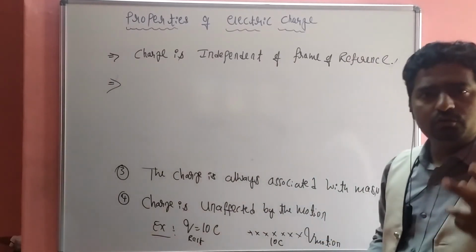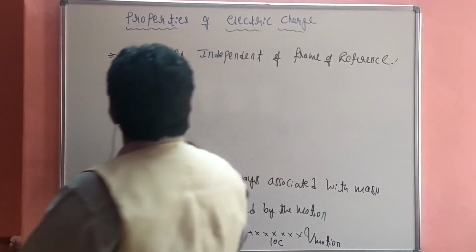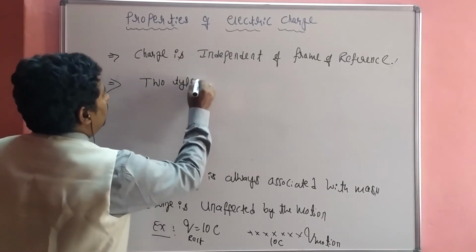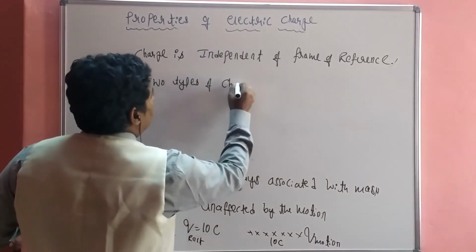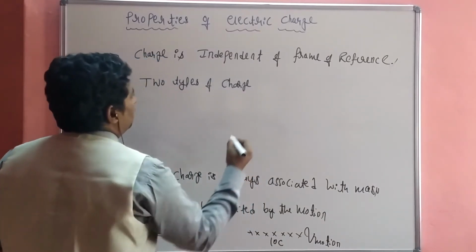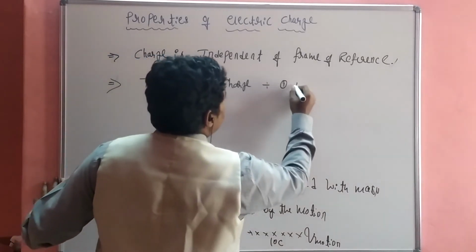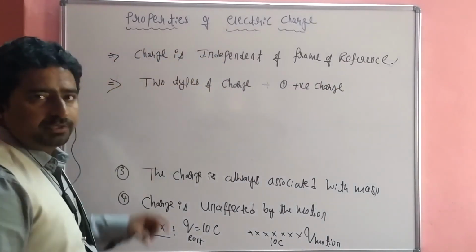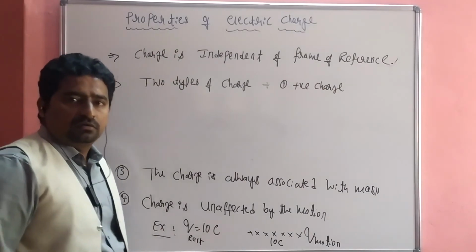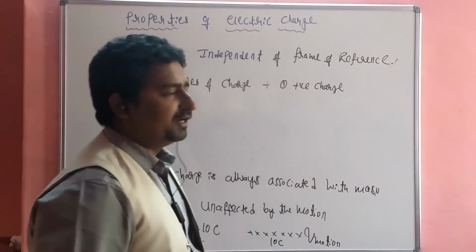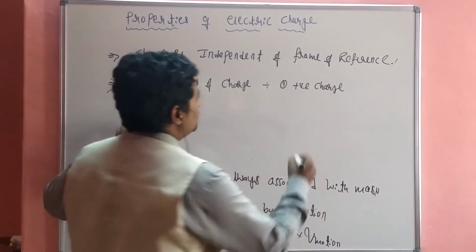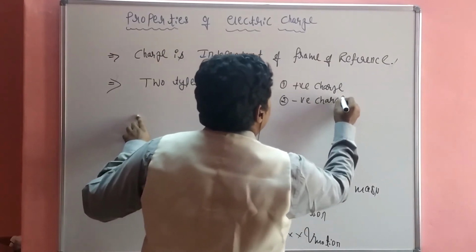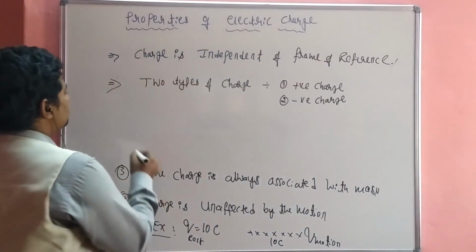There are two categories of charge, two types of charge. The first one is positive charge. Who discovered the two types of charge? Benjamin Franklin discovered the two types of charge: positive charge and negative charge.